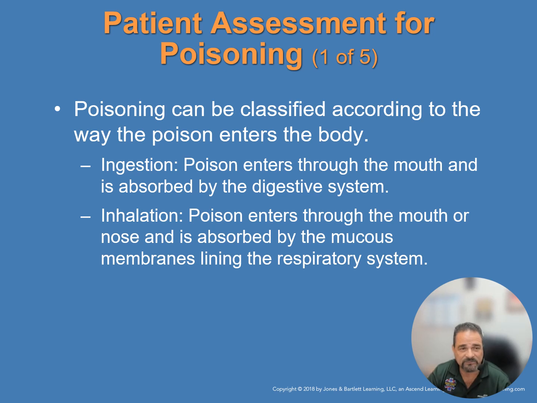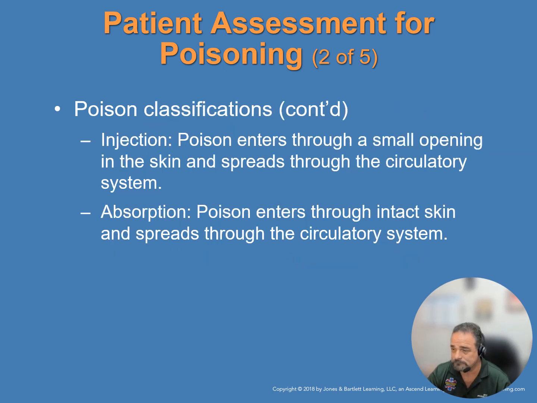All right, so poisonings can be classified basically by the way the poison enters the body. The first two that we're going to talk about are ingestion and inhalation. Poisons by ingestion very simply enter through the mouth and are absorbed by the digestive system. Inhalation is when a poison enters through the mouth or nose and is absorbed by the mucous membranes. Injection, pretty simple.